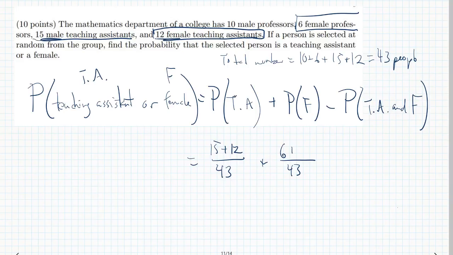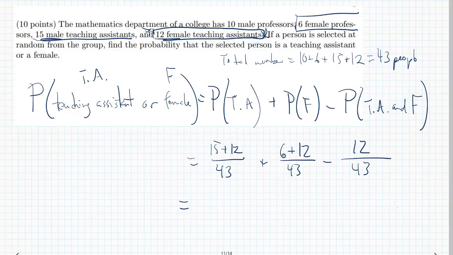So we go 6 plus 12. Now we need, our last one is teaching assistant and female, because it's been counted twice, if you notice. It's been counted in the first scenario for teaching assistant and the second scenario for female. So we just need to subtract that off, and there's 12 female teaching assistants. So we'll mark that right there.